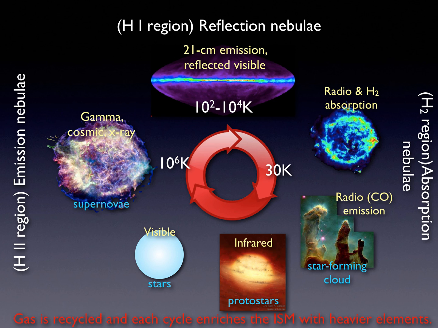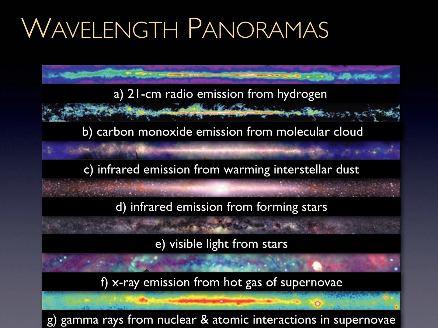As the gas gets downright cold, it is often seen as absorption nebulae or detected by low-energy radio emission. When stars begin to form in these clouds, they emit infrared radiation. Atomic hydrogen will reveal itself by the 21 cm emission.